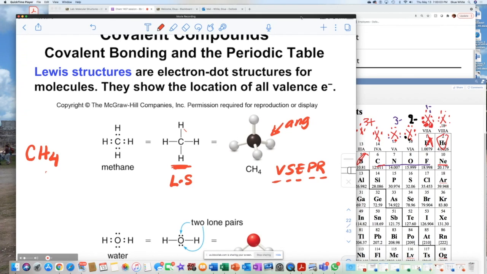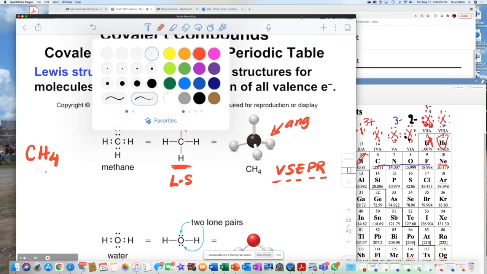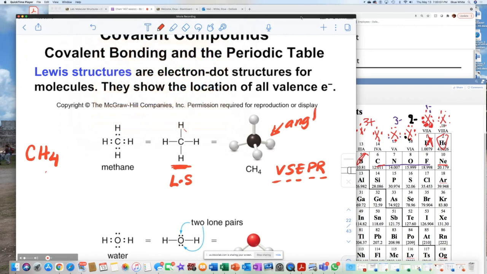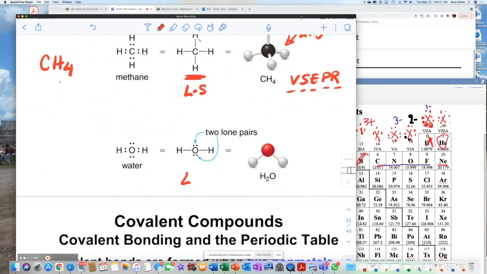It's supposed to be angle. Excuse my spelling. For those of y'all who don't know me, my spelling, my grammar, my adding, it's a trip. Okay, so this is the Lewis structure, and right here we have the VSEPR model where the bonds are not drawn 90 degrees to each other. Same thing here. This is the Lewis structure, and here we have the VSEPR model.